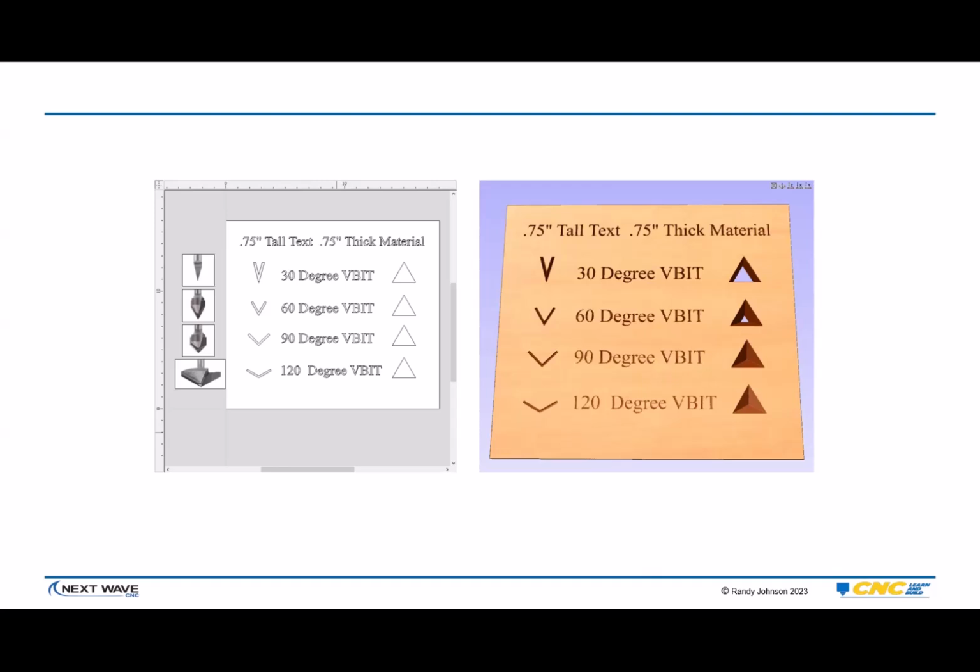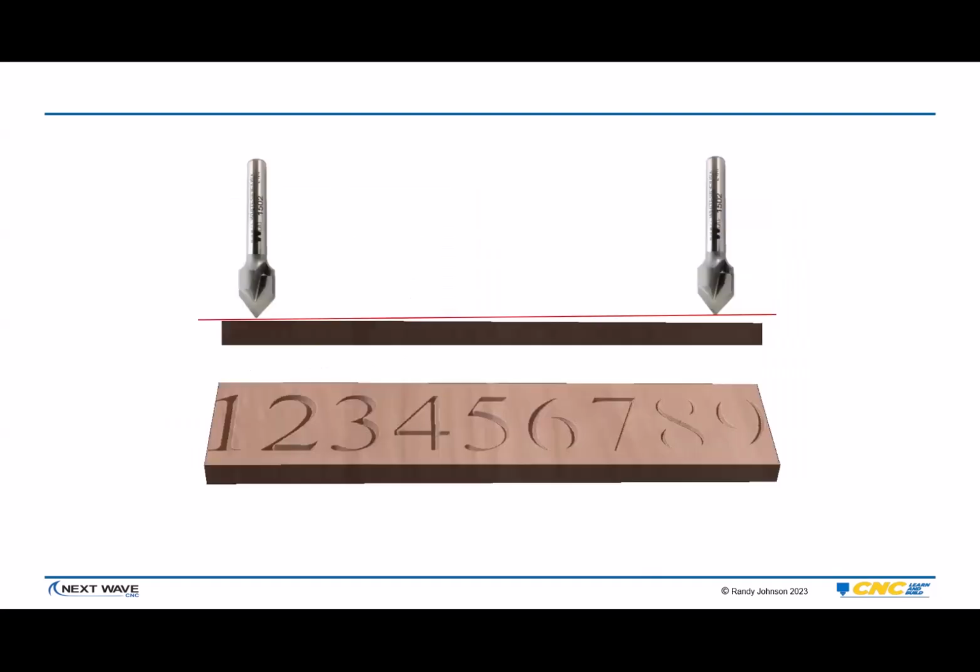The other big effect that you have to watch for is that if your board is not perfectly level on the table, your lettering will either get deeper or shallower depending on which way and where you zeroed the Z. I give an example in one of my other machine webinars using Virtual Zero.